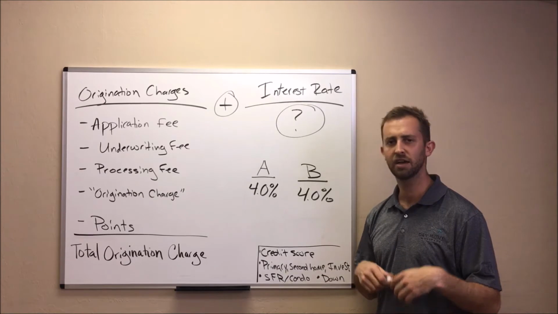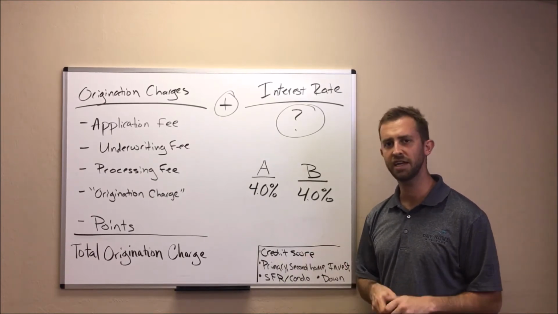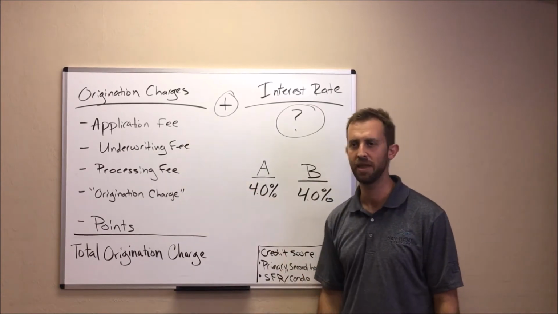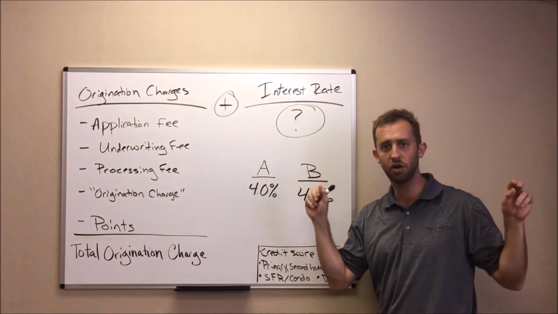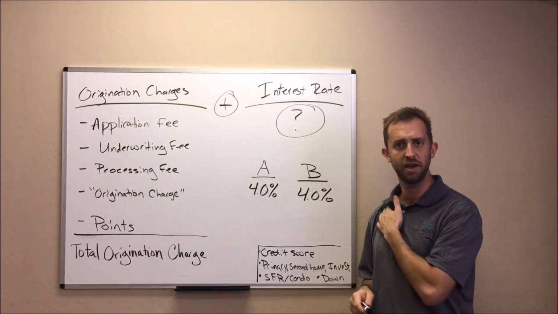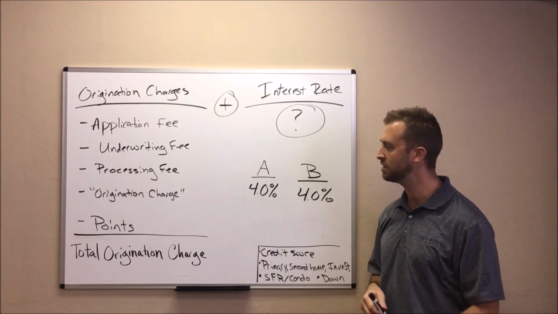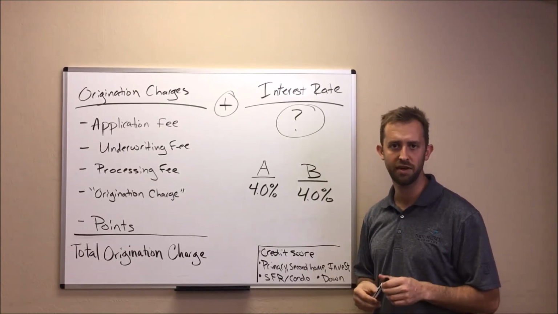Origination charges can come in all different shapes, sizes, and names. You can see an origination charge called an application fee, maybe an underwriting fee, or a processing fee. They might even call it an origination charge. Another one people might be very familiar with is points. Points is essentially the fee they charge you for the interest rate they're giving you.